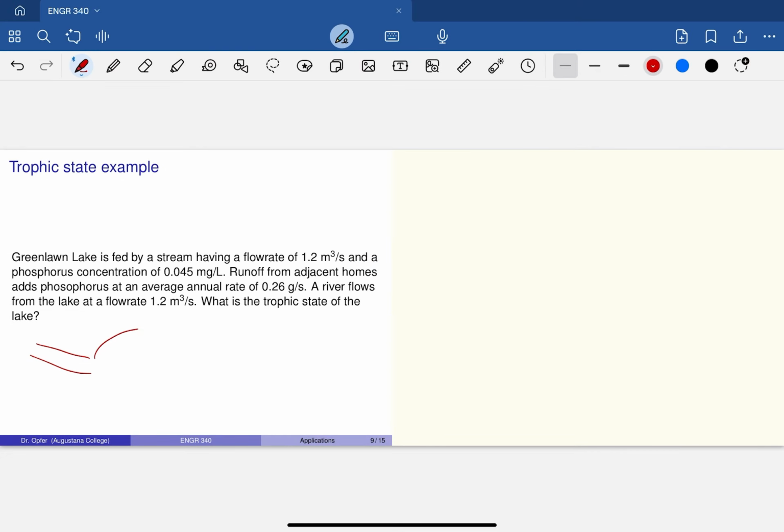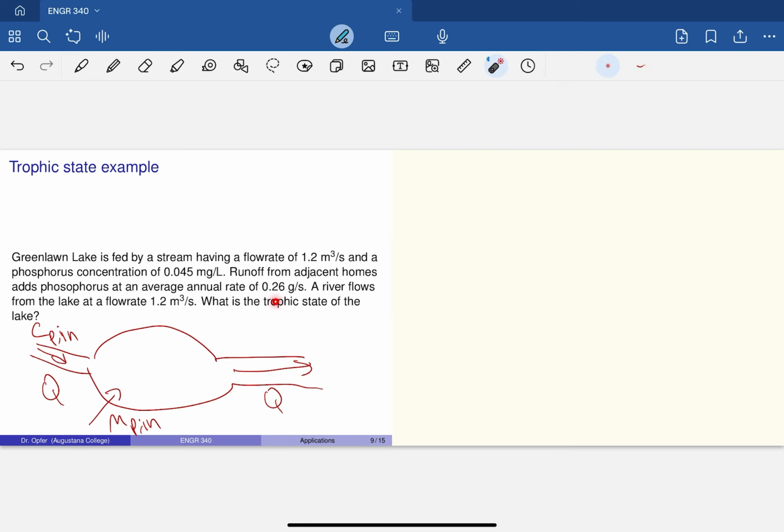So we've got some stream inlet coming into our lake. This stream inlet has a flow rate Q. We have an outlet with that same flow rate. The concentration of phosphorus coming in, we'll just call that CPN. And then we also have an inlet coming in from stormwater runoff.